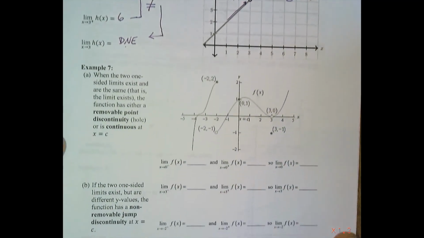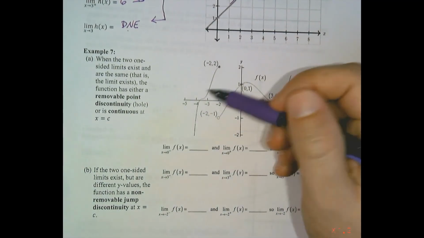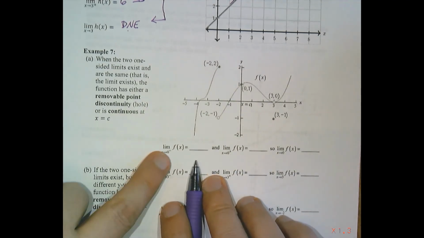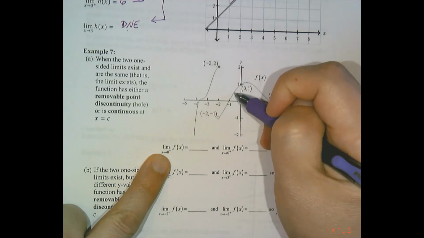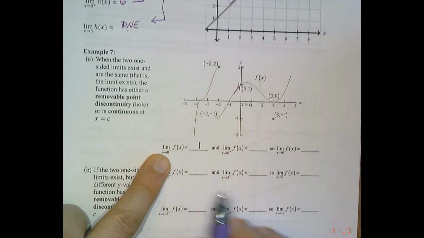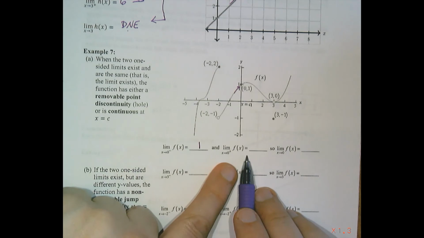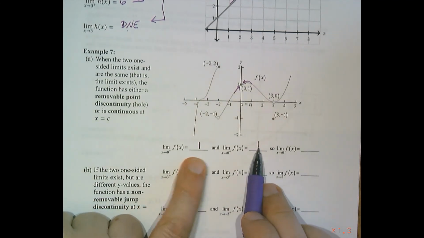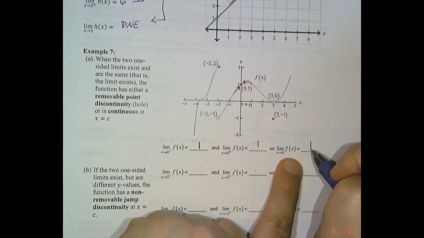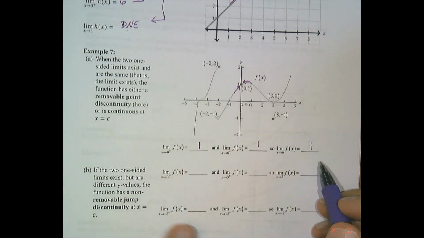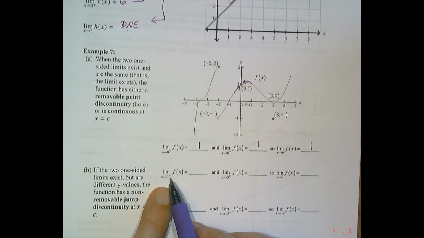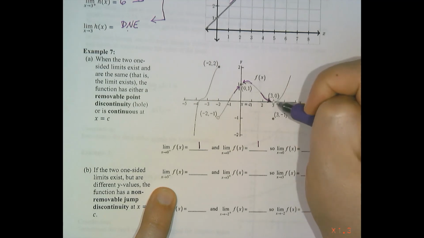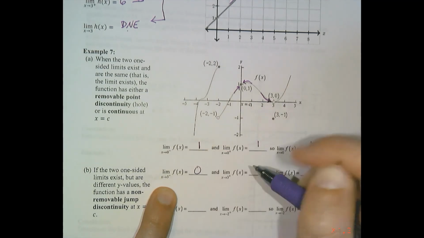Okay. Example 7, we have a graph here with several possible spots to examine, so we're just going to work through this. Approaching 0 from the left, we get to a height of 1. Approaching 0 from the right, we get to a height of 1. Because the left and the right agree, the two-sided limit is 1. Now let's look at 3. Approaching 3 from the left, we hit a height of 0.